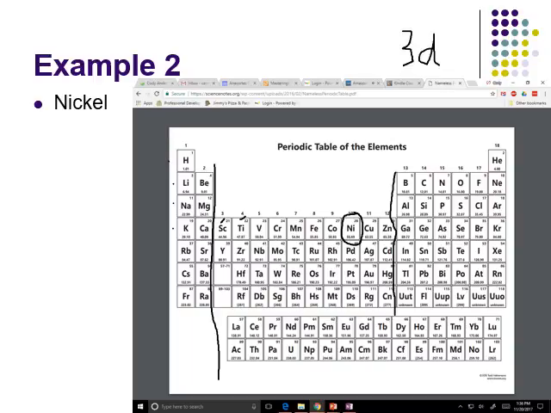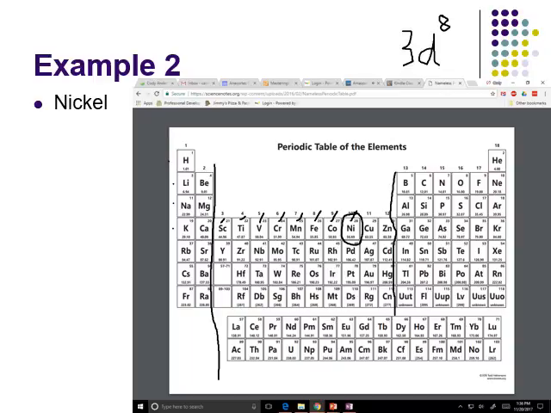So 1, 2, 3, 4, 5, 6, 7, 8. So nickel is the 8th element in, so it ends in 3D8.